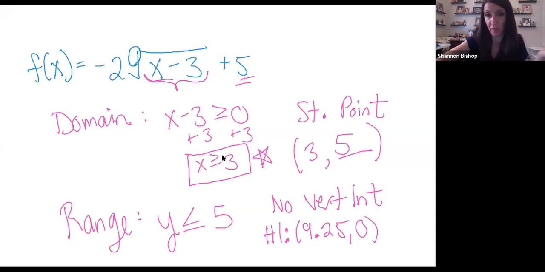Okay, so right away you can produce a graph. And there's a couple of things that you can notice just by looking at the graph. On this particular one, there's definitely a vertical intercept at (0, -2.3). But let's talk domain and starting point.